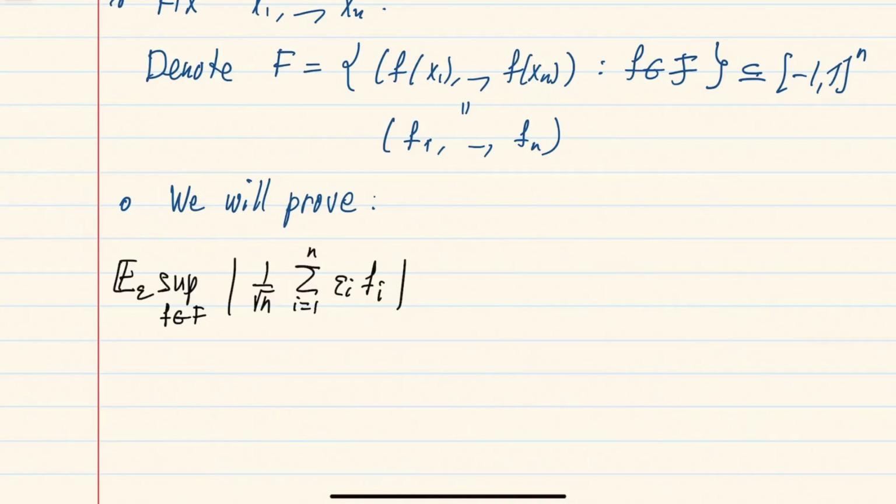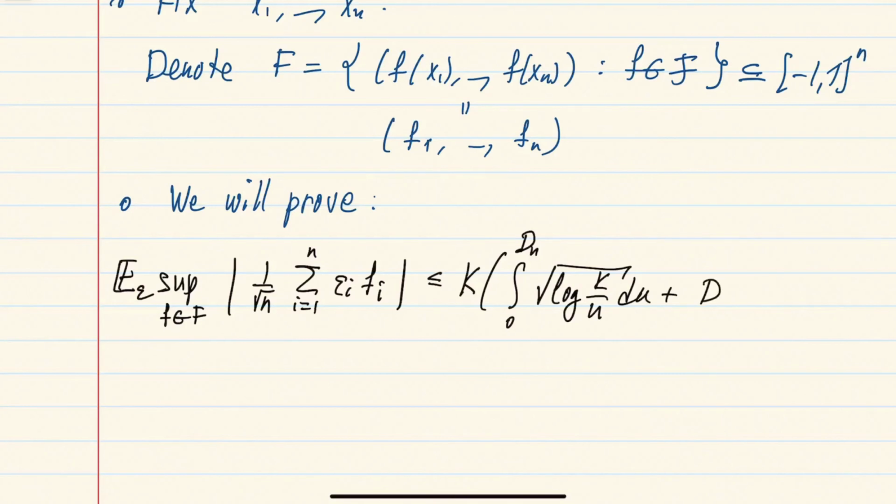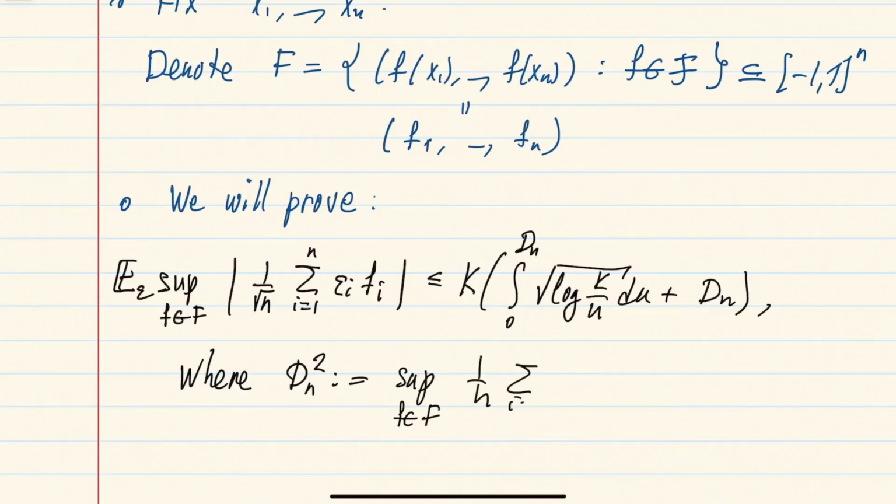And so the main result in the second part will be that this will be bounded by some absolute constant times the integral from 0 to dn of the square root of log of some constant over u, du, plus dn, where dn squared will be the supremum over all f in our set of 1 over n times the sum from 1 to n of fi squared.